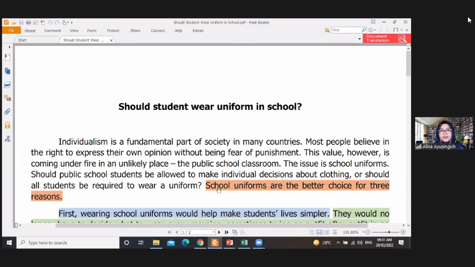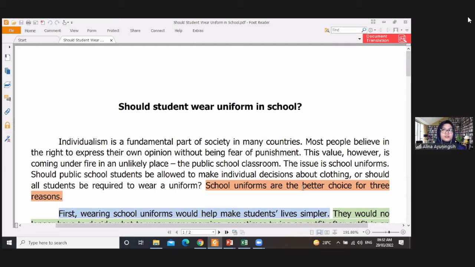And then, as you can guess, the nude pink one here, the color, school uniforms are the better choice for three reasons. This is the thesis statement or the claim. So this one, the very last sentence, is the claim or the thesis statement. School uniforms are the better choice.